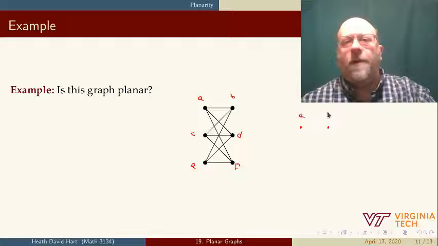We have AB, C and D switch, and so now this edge from A to D goes straight down, this edge from B to C goes straight down.